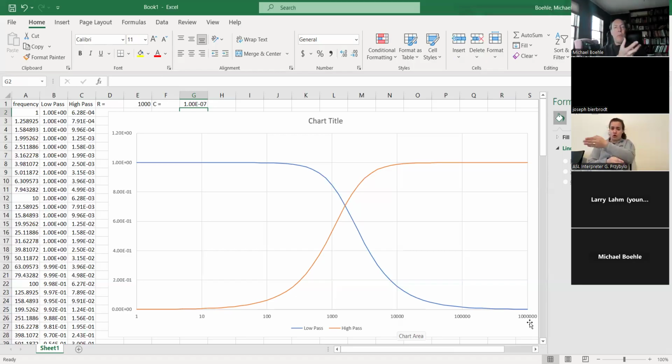And this becomes even more important if I were to have a graph similar to the response curve that we had for our amplifier, where I had two different cutoff frequencies. So if I'm trying to look at a cutoff frequency of, say, 20 hertz, that's down here. And if I want to show an upper cutoff frequency of 10,000 hertz on a linear scale, it'd be off the chart.